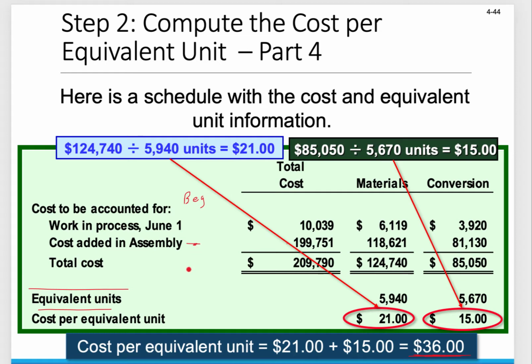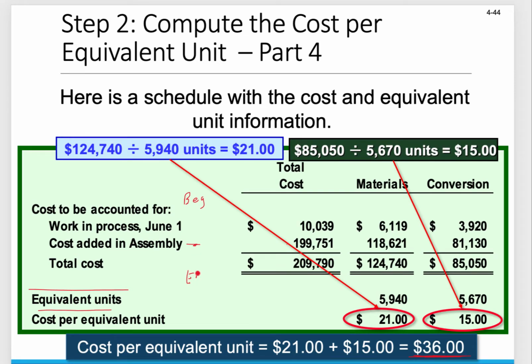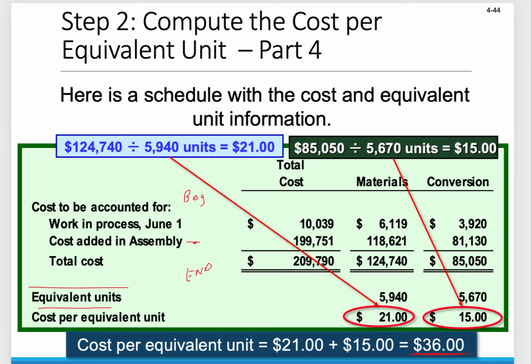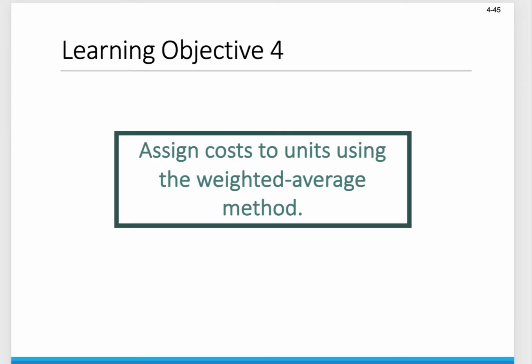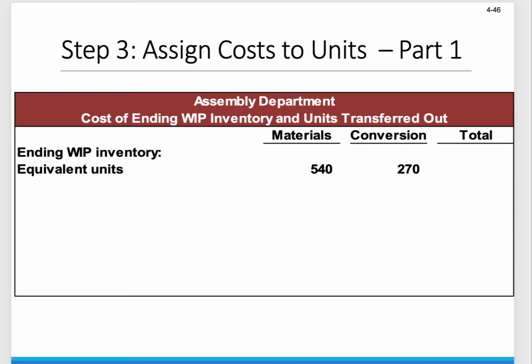What did I add? Well, at the end of the period, here's what I got, okay? In step 3, which says assign cost to units using the weighted average method, we're going to start backwards, meaning we're going to start with our ending first, right? What's our ending WIP? Ending WIP. Well, we have the equivalent units, 540 with respect to material, 270 with respect to conversion costs, okay?